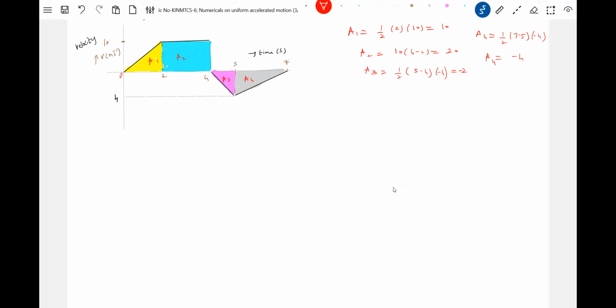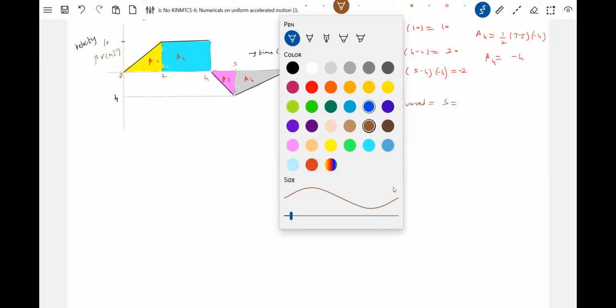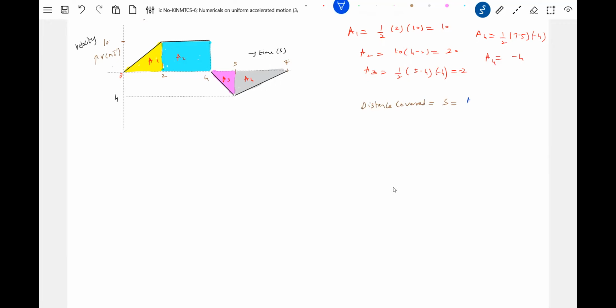What do the negative signs mean? If I ask you for distance covered, for distance covered you just have to add up all the areas, taking magnitudes. So 10 plus 20 plus mod of minus 2 plus mod of minus 4, 30 plus 6, 36.